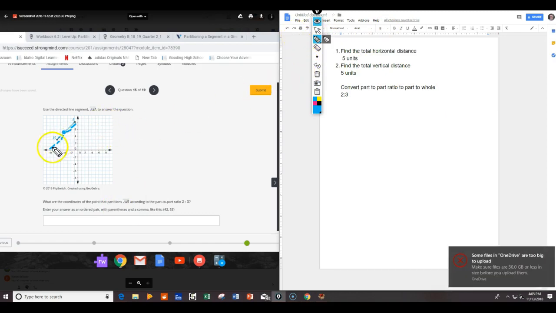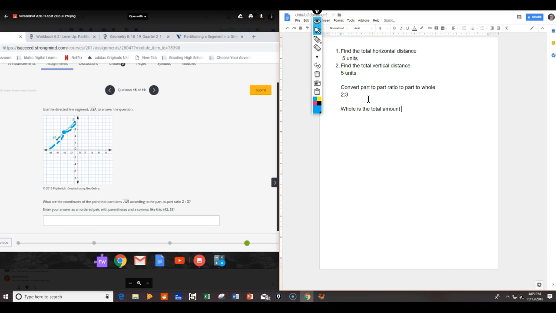So now how do we convert that to part to whole? Well, how many total parts are there going to be? The whole is the total amount of parts. There's 2 here and there's 3 there, so we have a total of 5.